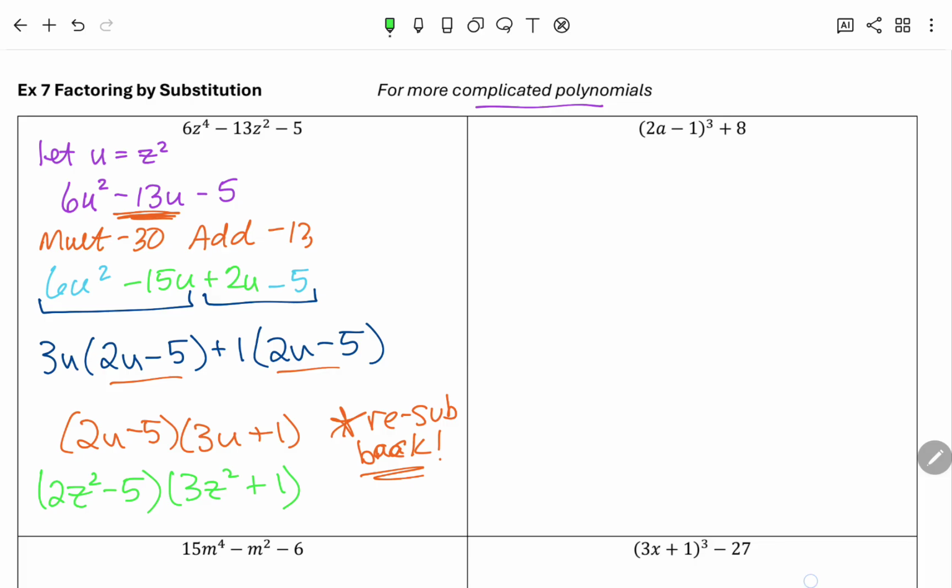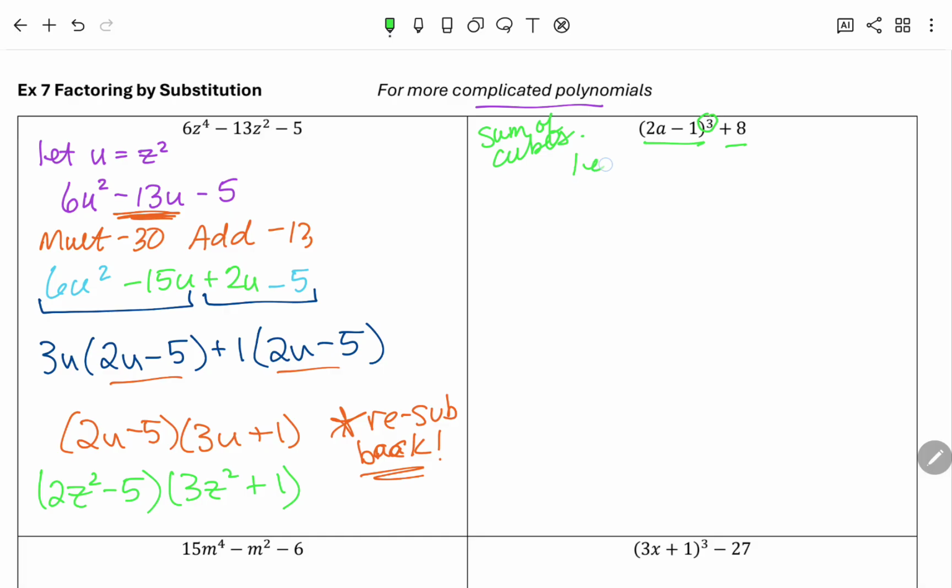All right, let's do one more together. This one, I would say to myself, well, this quantity is being cubed and this is 2 cubed. So this makes me think of a sum of cubes. But it just looks a little bit complicated because of the first term.